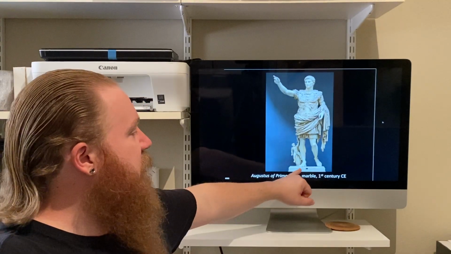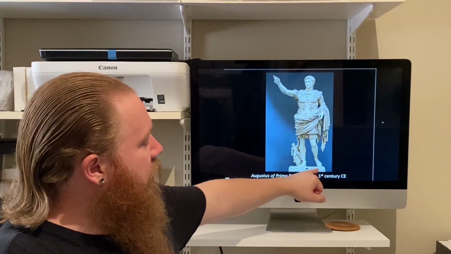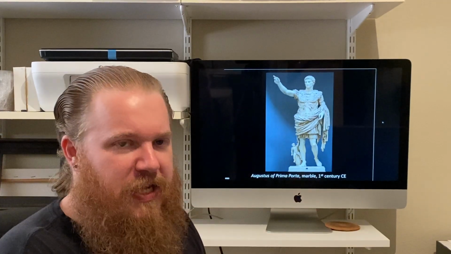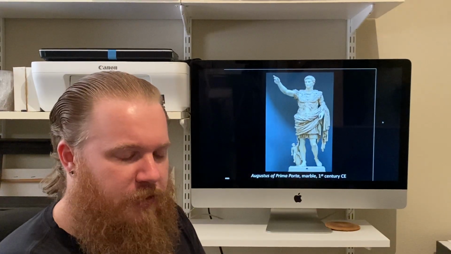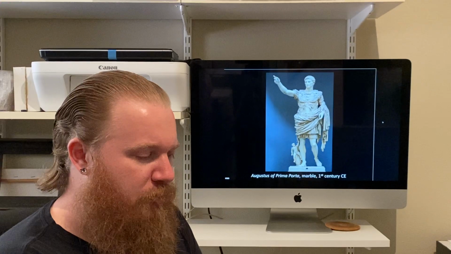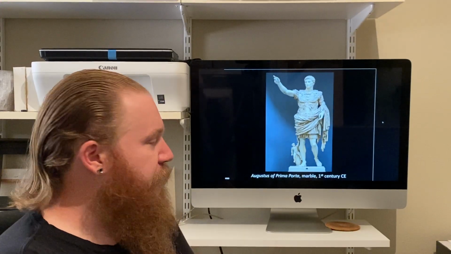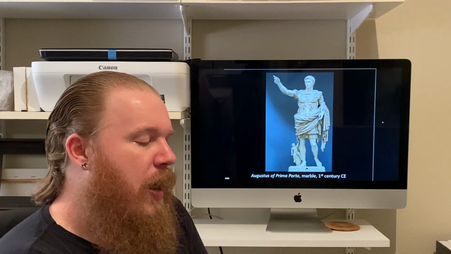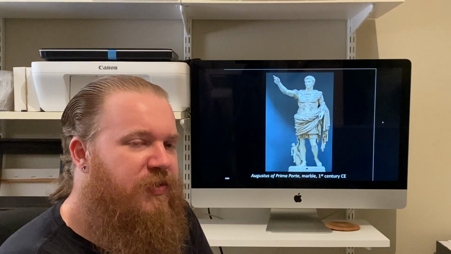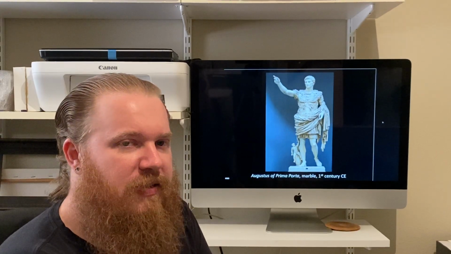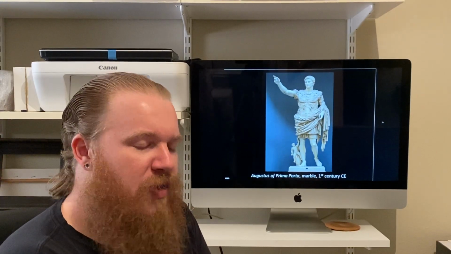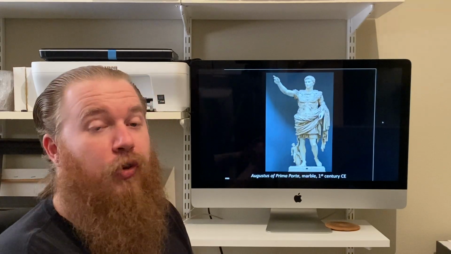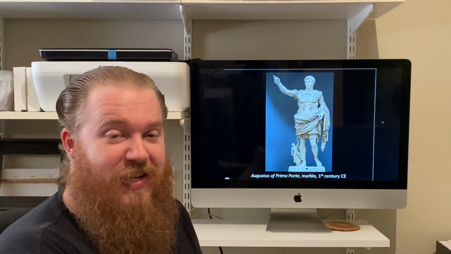However, we can also see that Augustus is depicted barefoot here. And this is very important because in ancient Greco-Roman times, specifically in ancient Greece, to be depicted barefoot was reserved for only a very select few kinds of representation, i.e., for gods and for heroes.